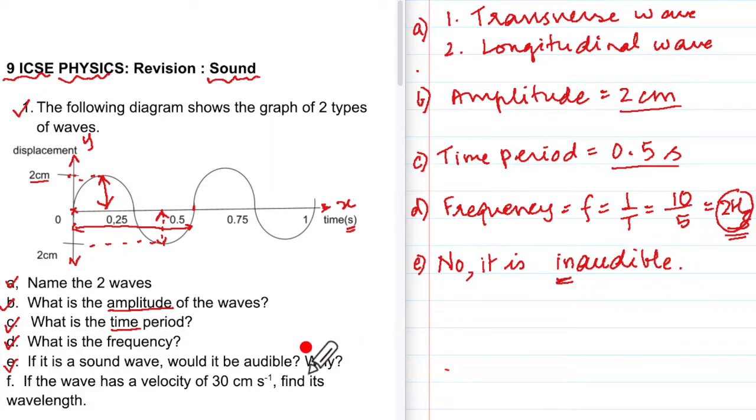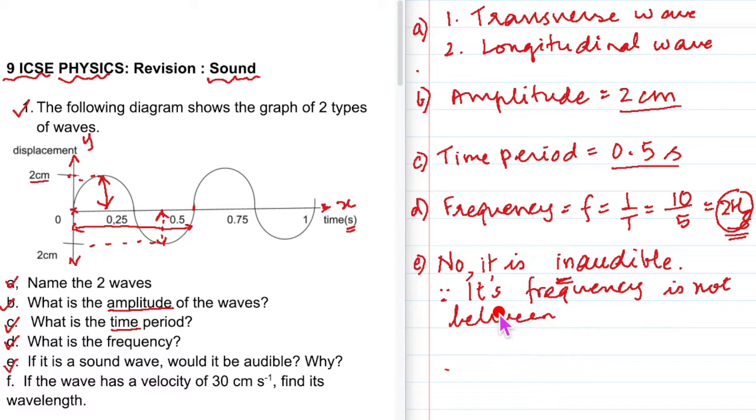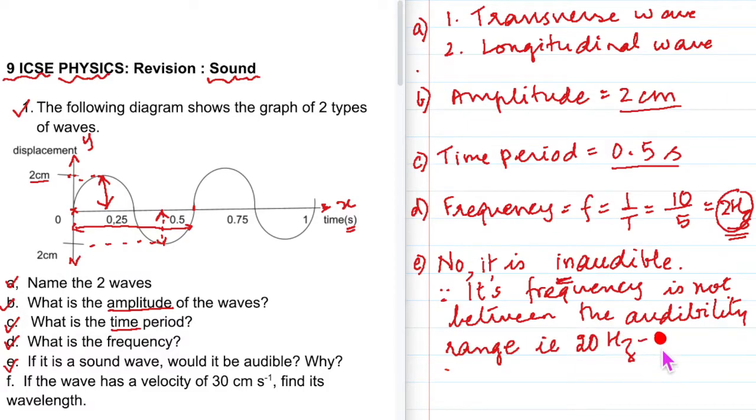Okay, and they are asking why. Since its frequency is not between the audibility range, that is 20 Hertz to 20,000 Hertz. Okay, so we finish with E.